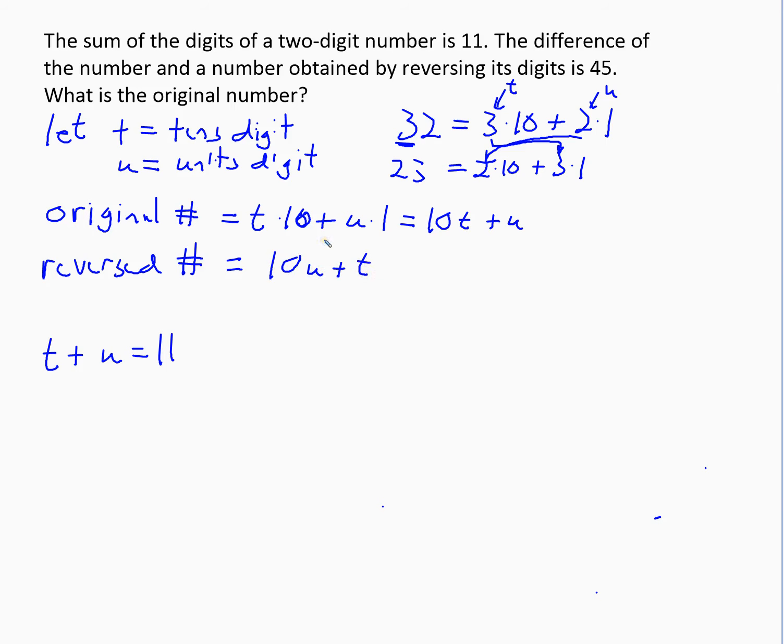Now, what does it say about these two? The difference of the original number and the number obtained by reversing its digits is 45. So we take our original, 10t plus u, and subtract the reversed one, 10u plus t, and that difference is 45.